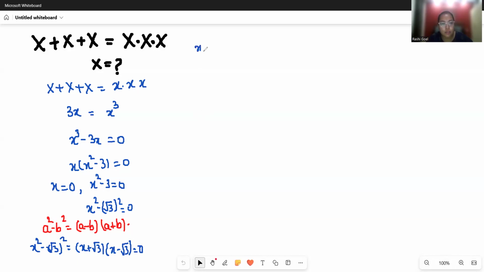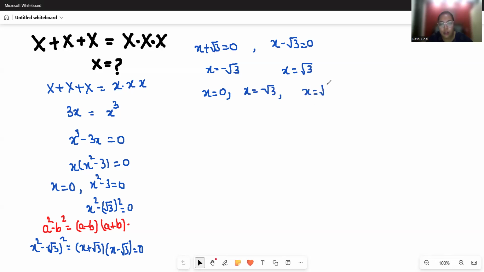So first x plus root 3 equals 0, so x equal minus root 3. Similarly, x minus root 3 equals 0, so x equal root 3. So three values of x: 0, minus root 3, and root 3.